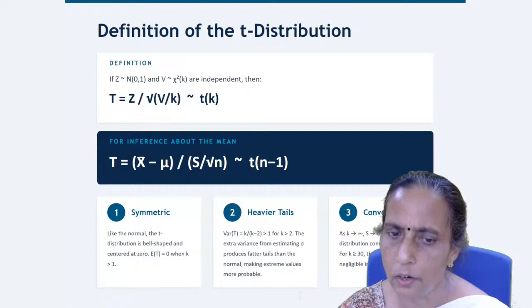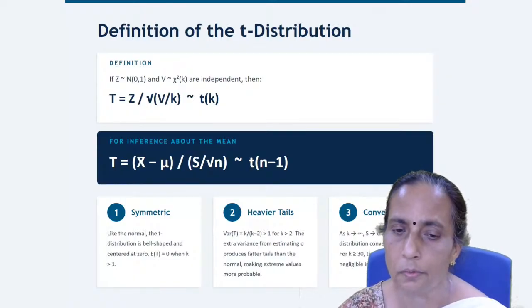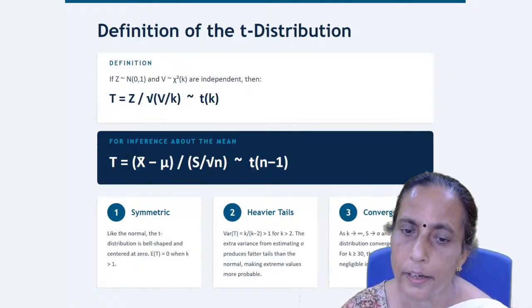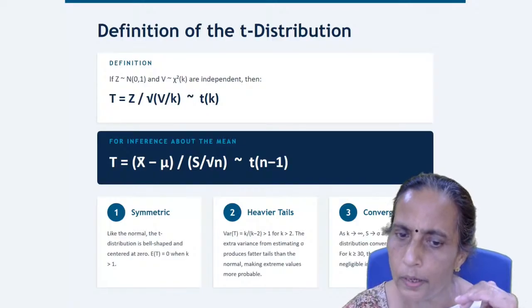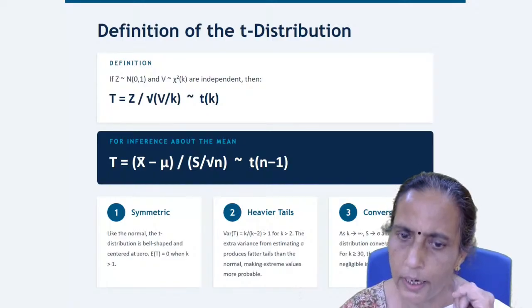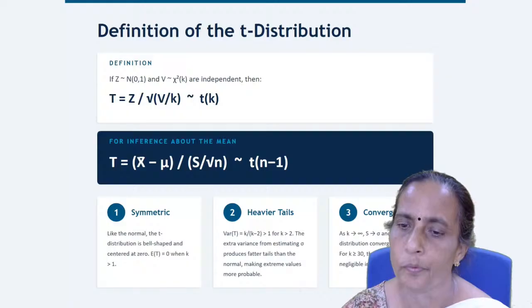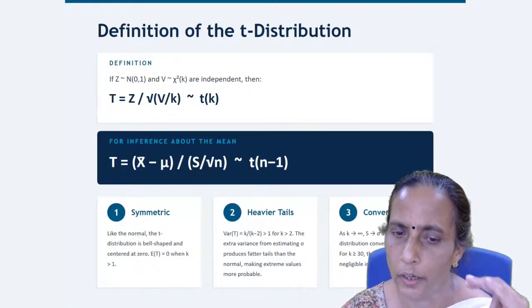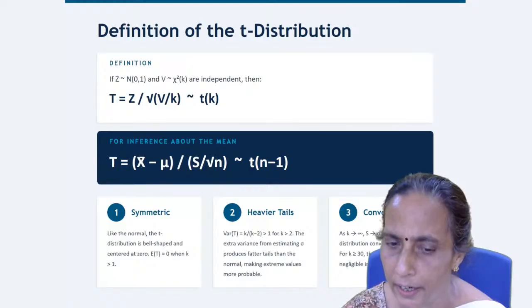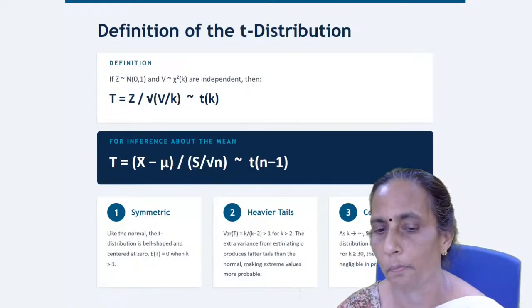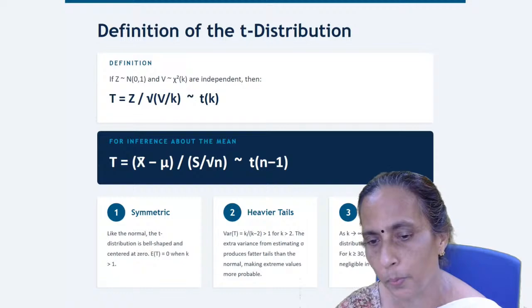And the variance of t is equal to k upon k minus 2, which is greater than 1, for k more than 2. So the extra variance from estimating sigma produces fatter tails than the normal, making extreme values more probable.